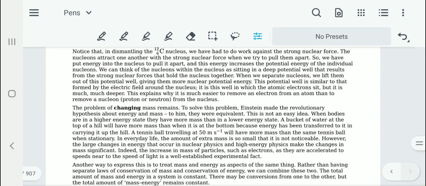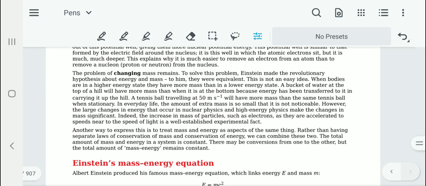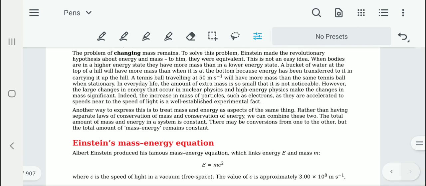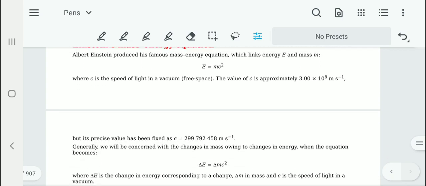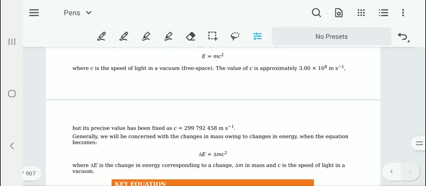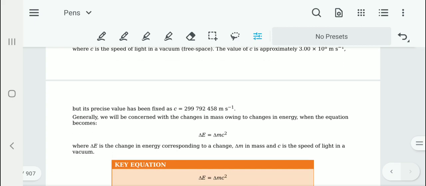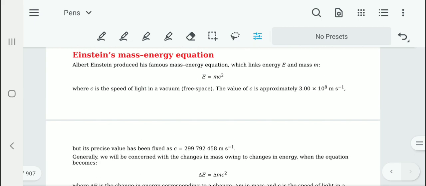Higher the energy, higher would be its mass. This relationship was presented as an equation by Einstein. Write it down: E equals mc squared, where c is the speed of light in a vacuum. c has a value of 3 into 10 to the power 8 meters per second, or more precisely 299,792,458 meters per second.